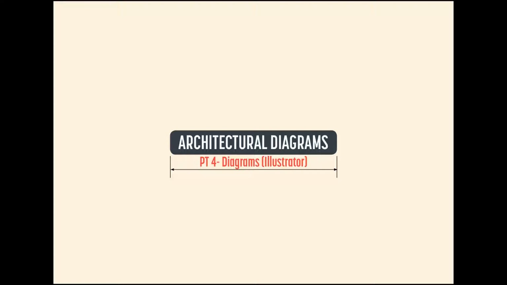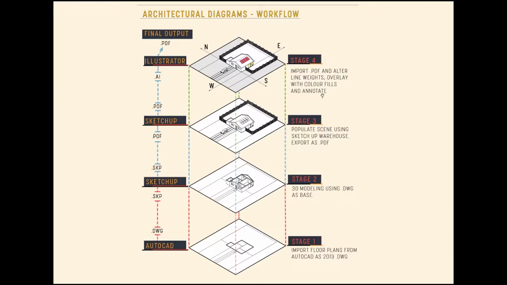In this one, James is going to go over how to get around Illustrator, just the real basics, and then show you how to do things like make groups and join together lines, etc. So we just tick on here again, so you can see this is now stage 4 up the top here, the final bit where you do the artsy part of coloring certain elements and adding annotations and that sort of stuff.